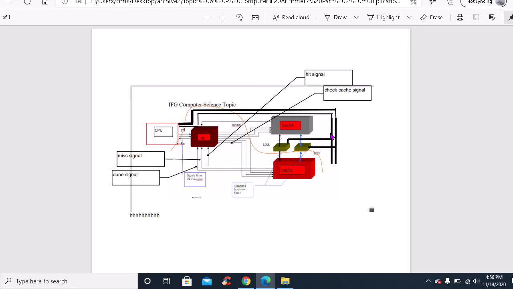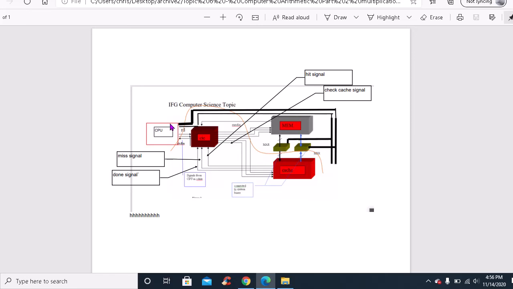What the CPU can do is put an address into the memory address register, the MAR. So logically, if the CPU wanted to write data to memory, it puts an address in the address register, and it puts some data into the data register.